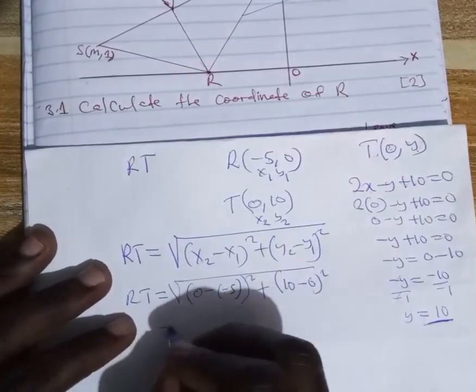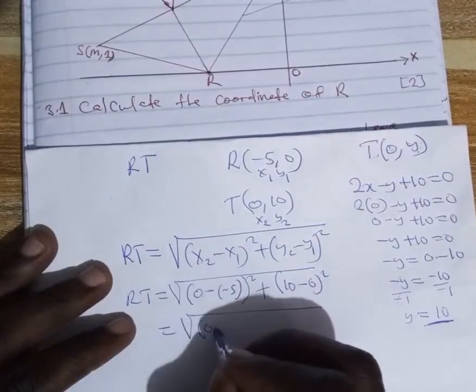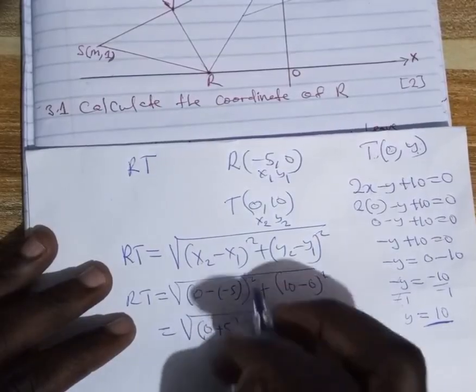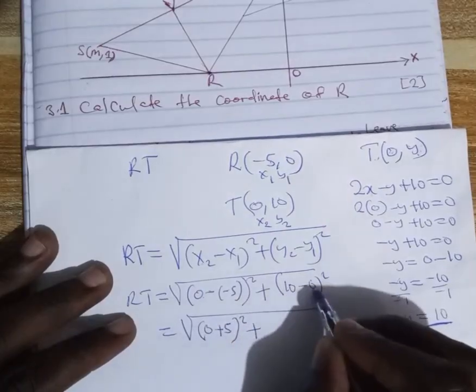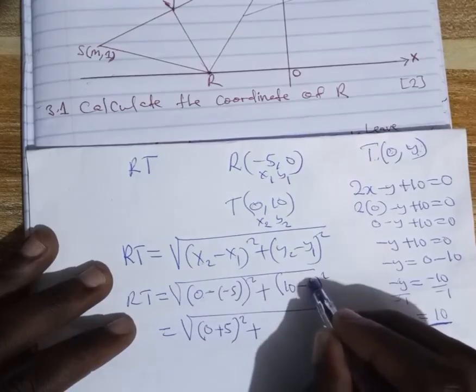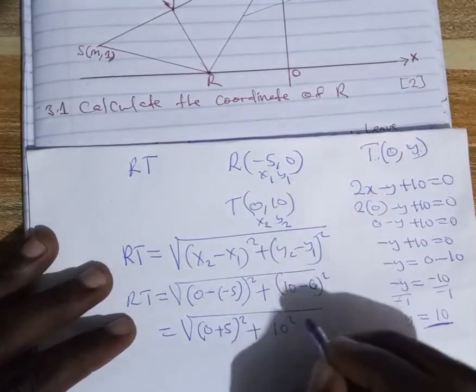Negative and negative is plus 5 here, so it will be plus 5 squared, plus 10 minus 0, which is 10 squared.